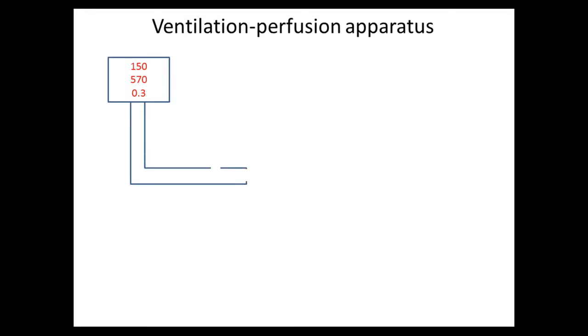Passing through the dead space, the partial pressure of oxygen will drop from 150 to 100 in the alveoli. So the partial pressure of oxygen in the alveoli in a healthy subject is around 100 millimeter mercury. The nitrogen will stay around the same, 570, and the carbon dioxide will be increased because the alveoli now contain some carbon dioxide diffused from the blood back to the alveoli.